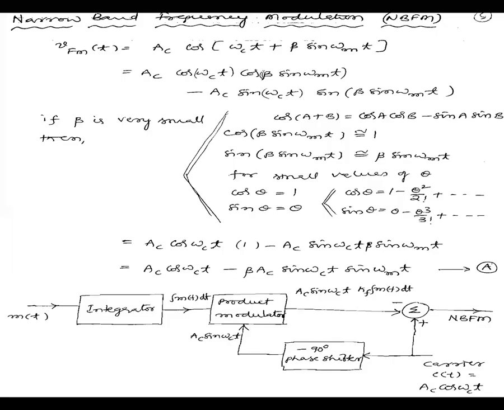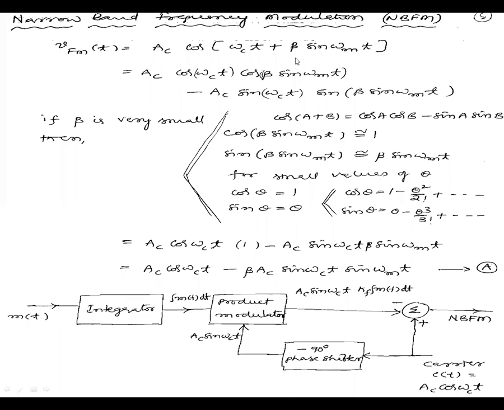Okay, and the narrowband FM is when the beta value is far less than 1. Here v of t is equal to Ac cos omega ct plus beta sin omega m t. This is the equation of the frequency modulated wave, where beta is the modulation index.